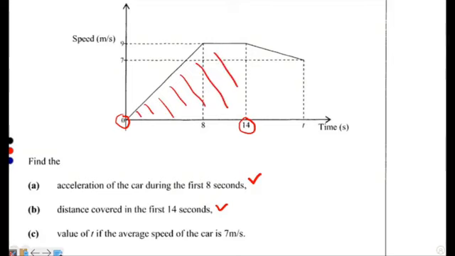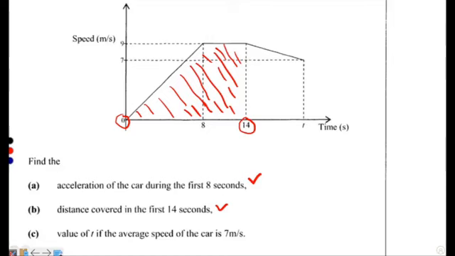Distance under a graph is the area. When you look at this shaded part of the area that I've made, the shape is a trapezium. So we are going to use the formula for the area of the trapezium to find the distance covered in the first 14 seconds, because area and distance under the graph are one and the same thing.